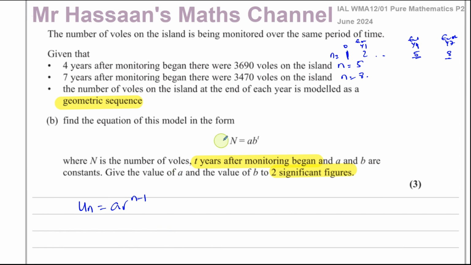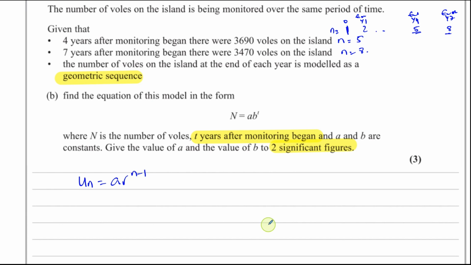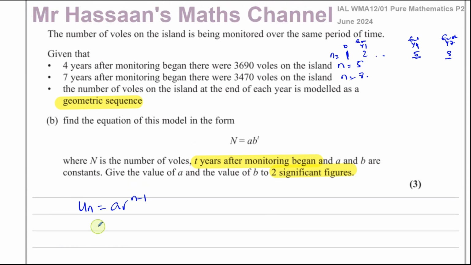In this case, we don't have a, we don't have r. We have to find them. A and r, in this case, our a is the a here and r is the b. Okay, so the b here is our r. So we want to find basically now the value of a and r.